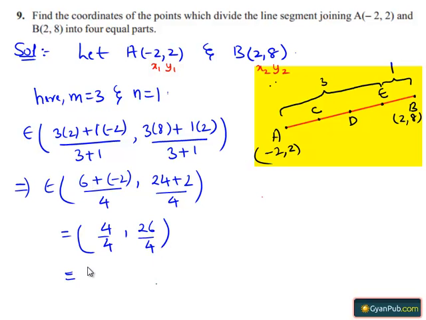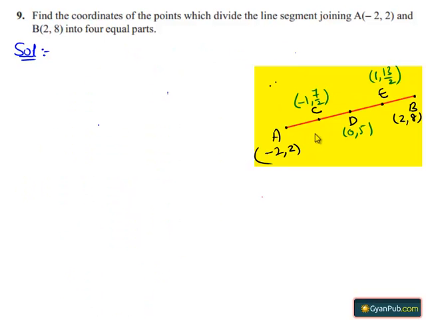That equals 4 goes in 4 1 times, and here we see that 2 is a common factor for both numerator and denominator. So 2 goes in 4 2 times, and 2 goes in 26 13 times. Hence the coordinates of the point E will be (1, 13/2).